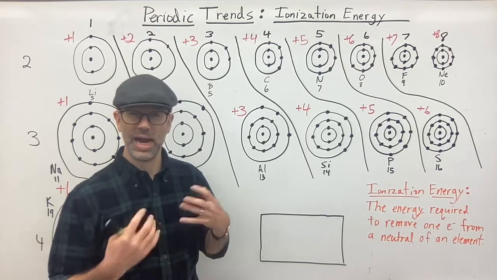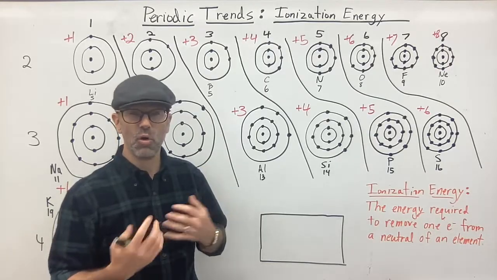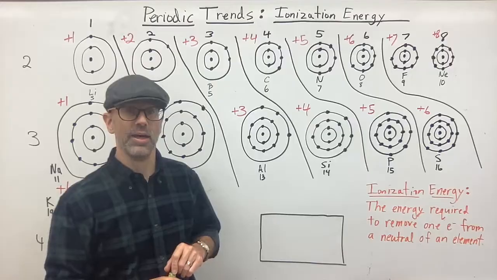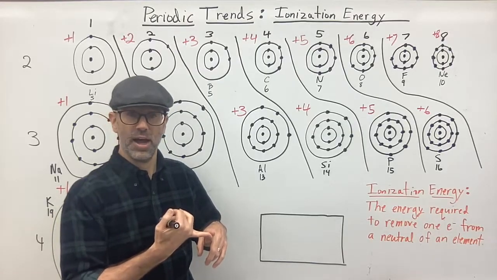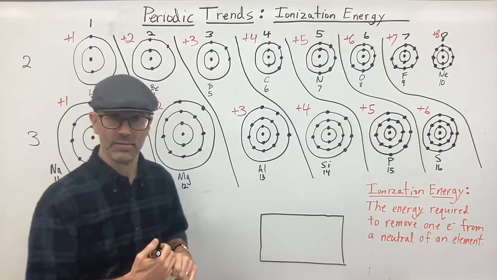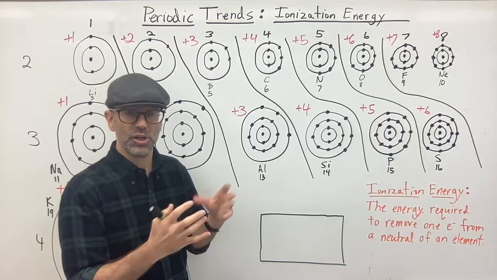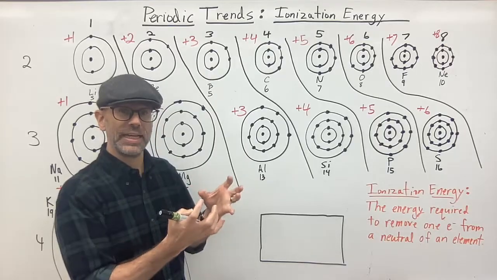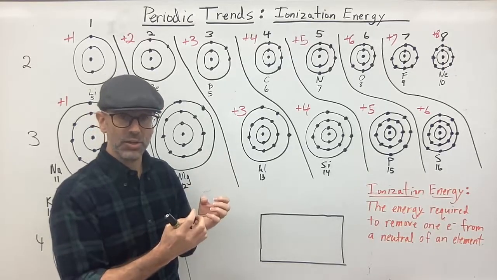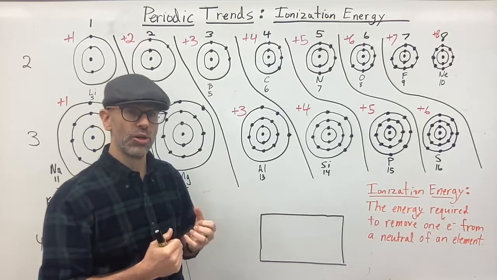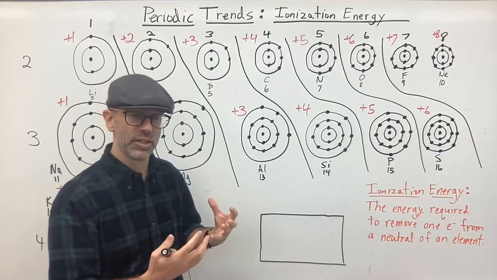Okay, so we have to think about whether it is going to be easier or harder to take an electron away from an atom if the nucleus has a larger charge, right? If the charge in the nucleus is larger and the electrons are feeling a larger pull, a larger attractive force by the nucleus, then it's going to be harder to remove that electron, and it's going to take more energy, right?